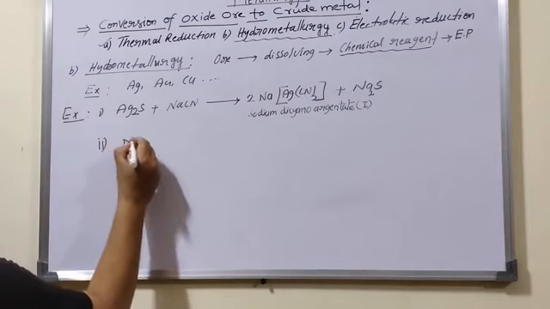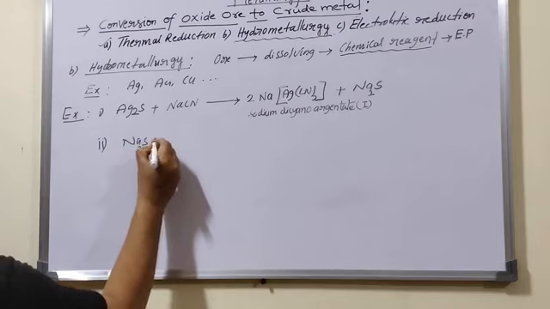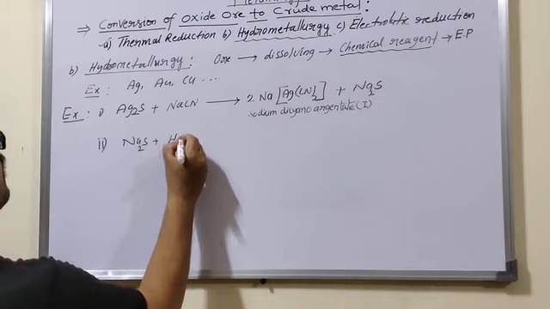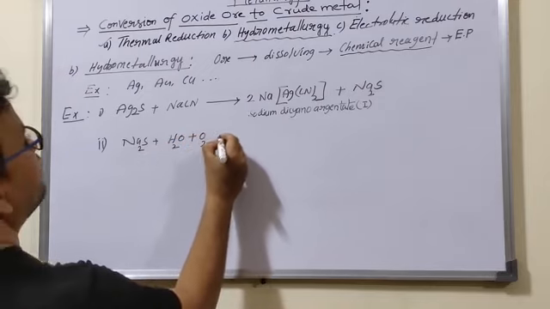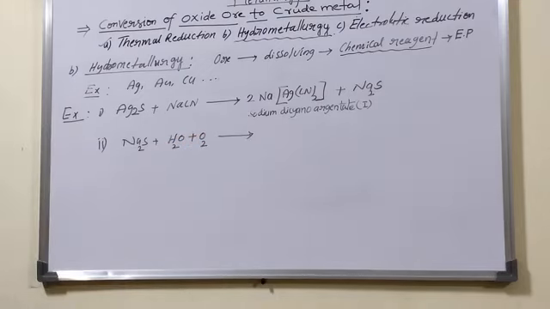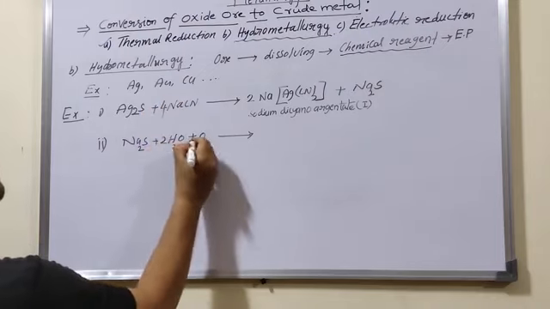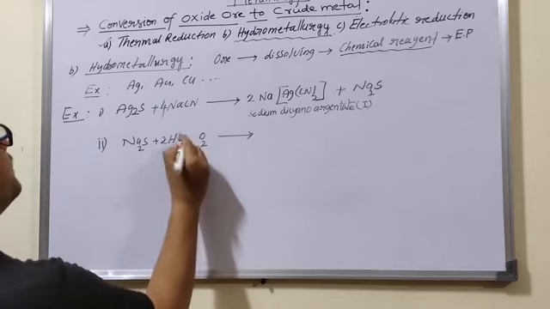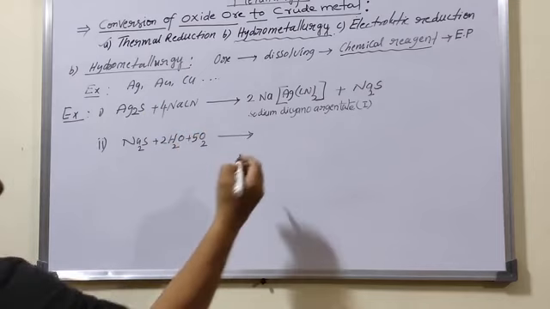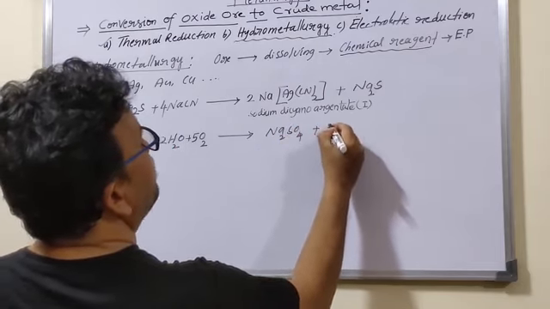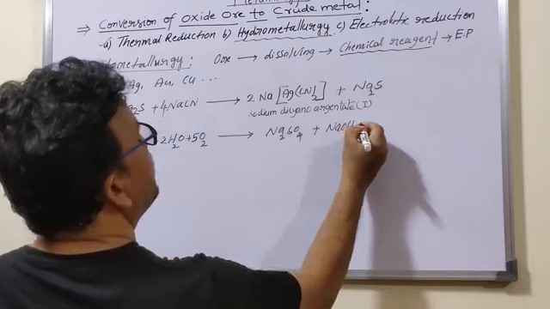The sodium sulfide formed here is subjected to oxidizing to sodium sulfate with the help of oxygen and water. This forms sodium sulfate, sodium hydroxide, and sulfur is evolved.